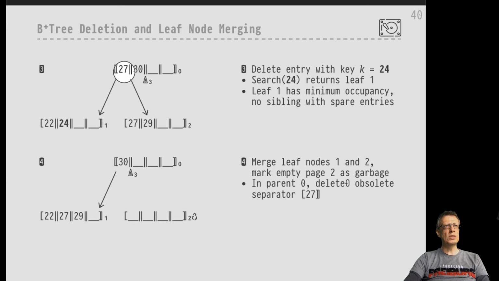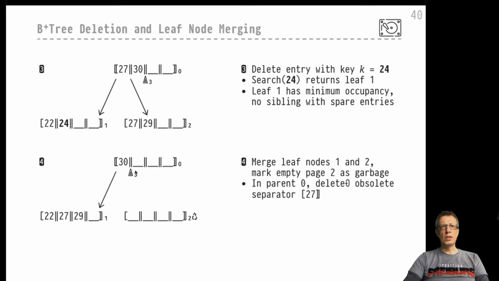So we have removed the key entry along with its page pointer, and we are left with a root node that is only occupied by a single entry here. This entry served the purpose of leading us either into this node here or into this node behind this subtree symbol 3.